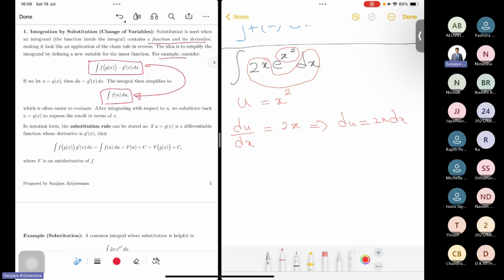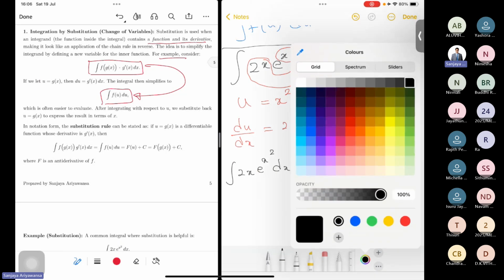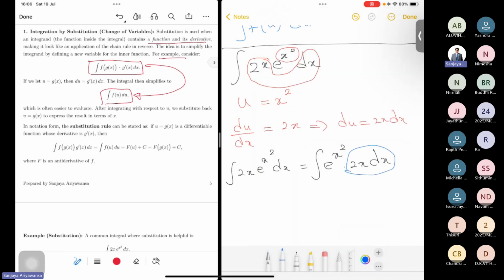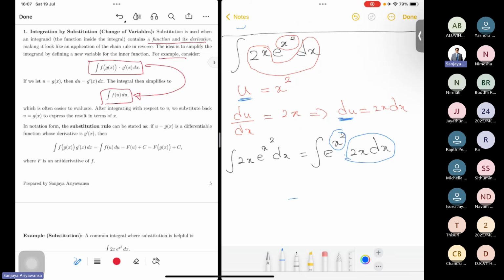So then I can simply go back to my original function, which was 2x e to the power x squared dx, right? I can rewrite it like this: e to the power x squared times 2x dx. And instead of 2x dx, I can substitute du. And instead of x squared, I can substitute u. That's what I am doing here. So then I'm transforming my problem from a function of x into a function of u.